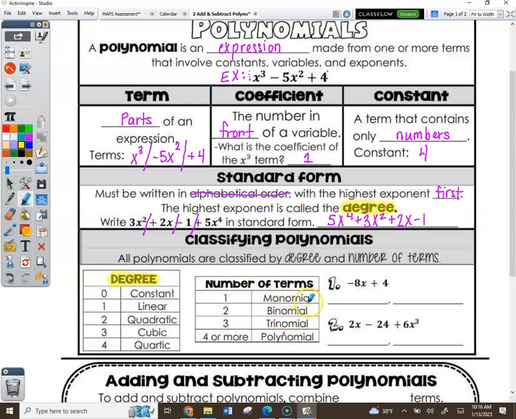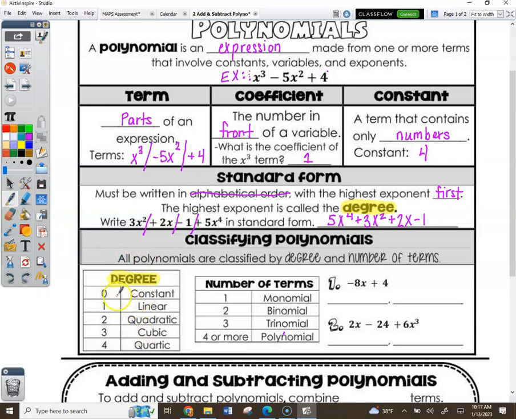A monomial, mono means 1, it means there's only 1 term. A binomial means there's 2 terms. A trinomial means there's 3 terms. Anything higher than that, we just say polynomial. There's no fancy word for it.